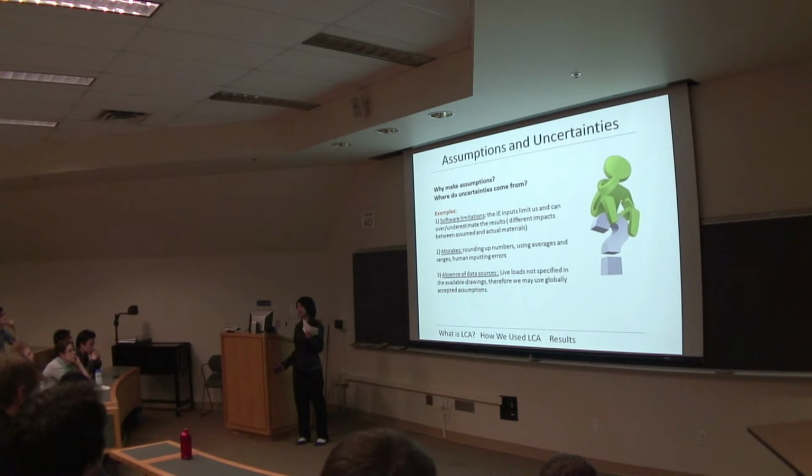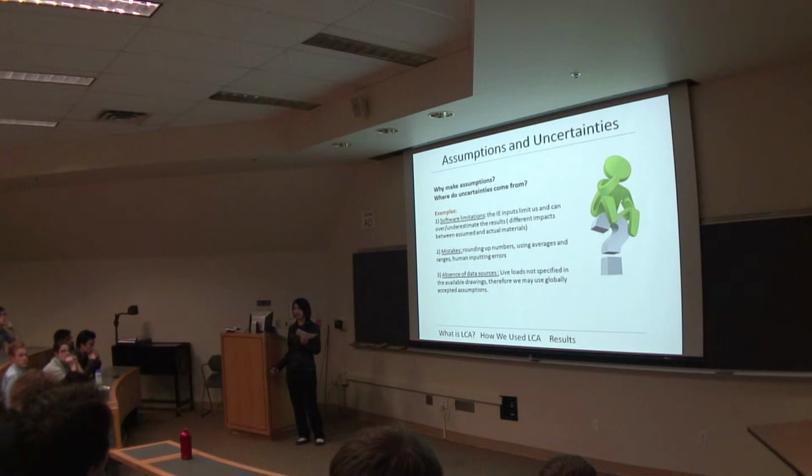Now, before I tell you the results we generated, I have to let you know about assumptions and uncertainties involved in our studies. So we don't always have the necessary information to reach our goals, so we always have to make educated guesses in order to push forward with our project.